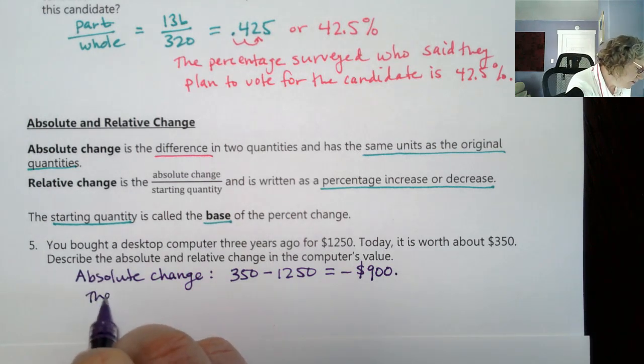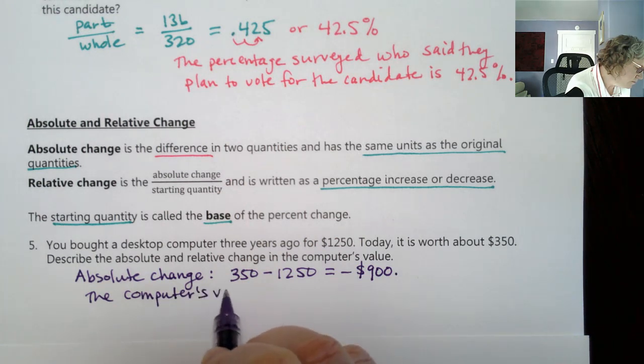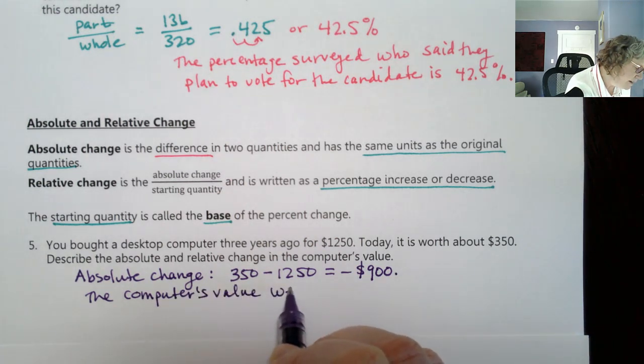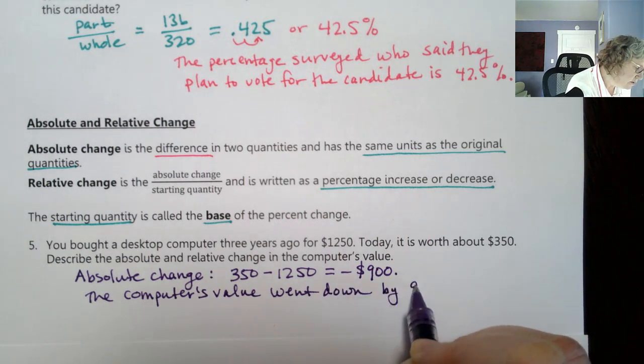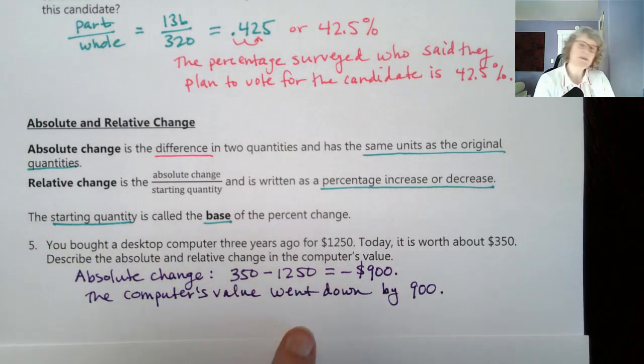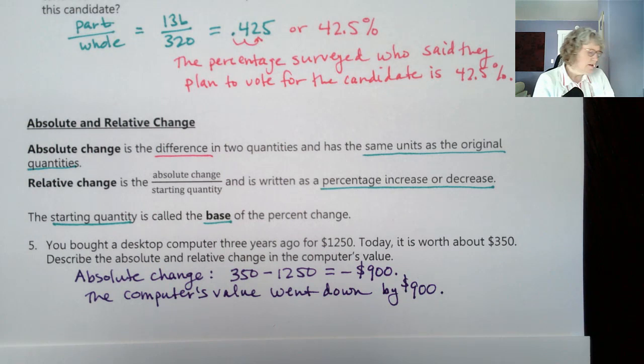So the computer's value went down by $900, or I could have said decreased by $900. Oops, I need my dollar sign in there. So that's the absolute, meaning in the original units, okay?